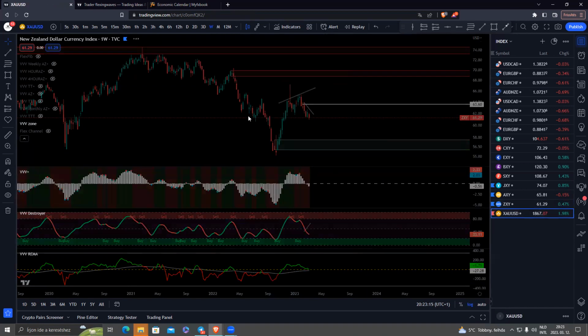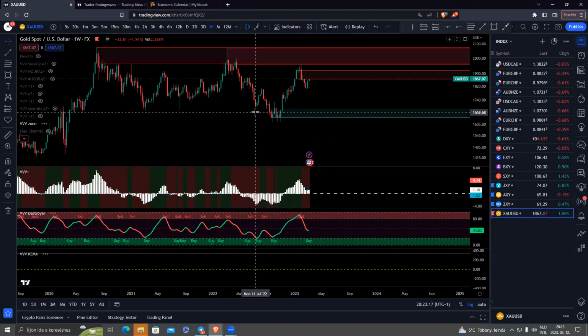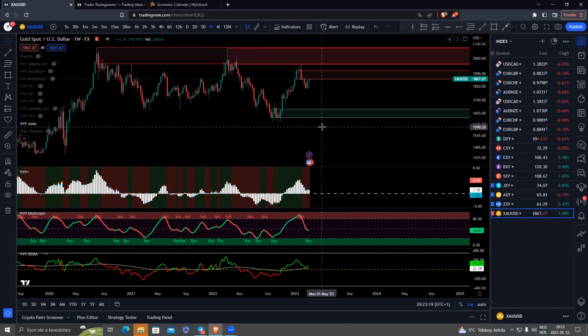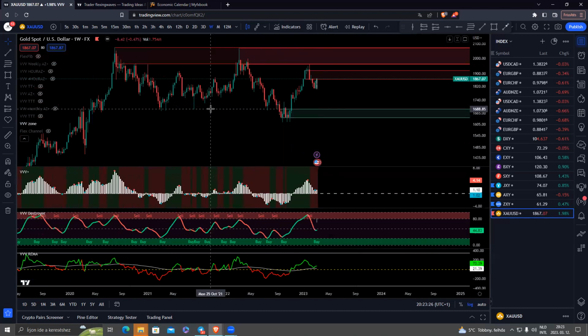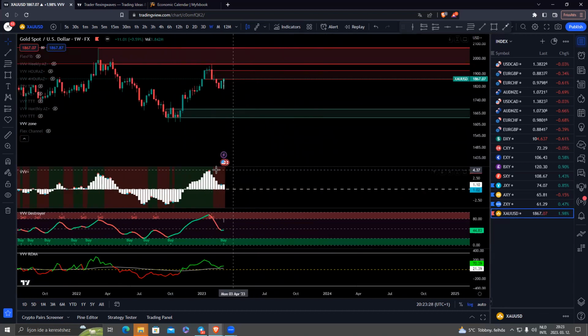And then the last but not least, the gold. All right, how the gold looks like. Maybe time for divergence. Actually, there is not a clear sign.